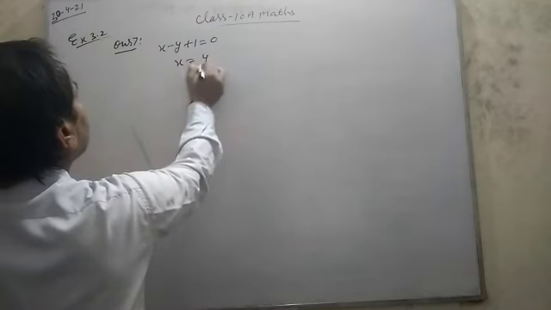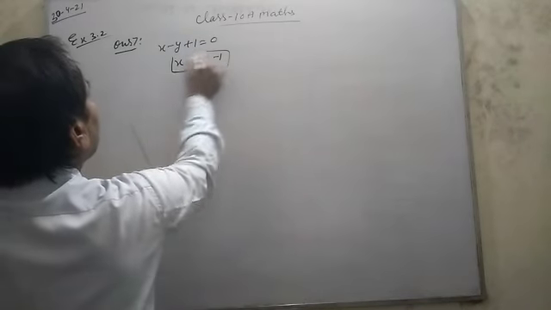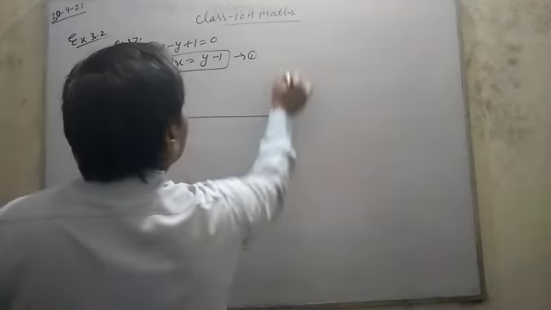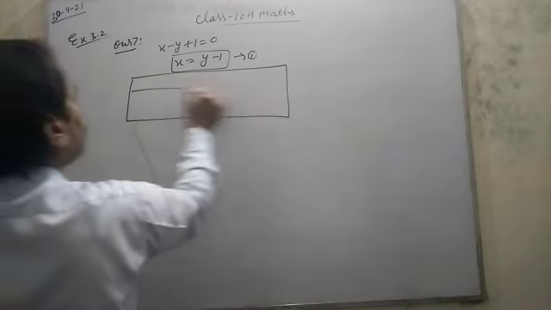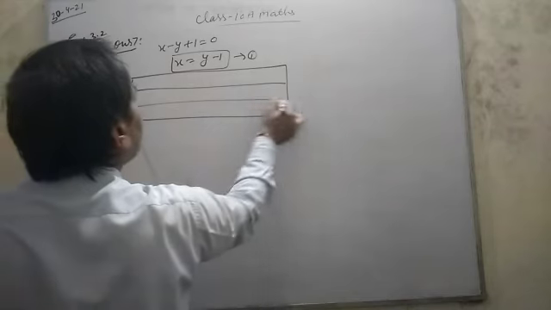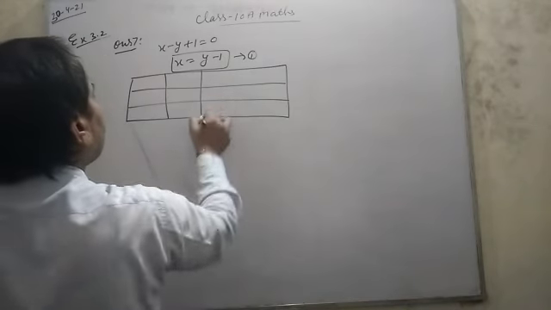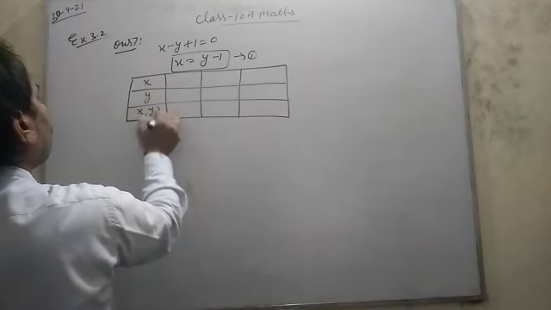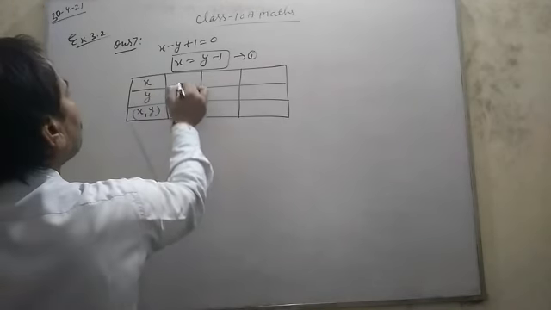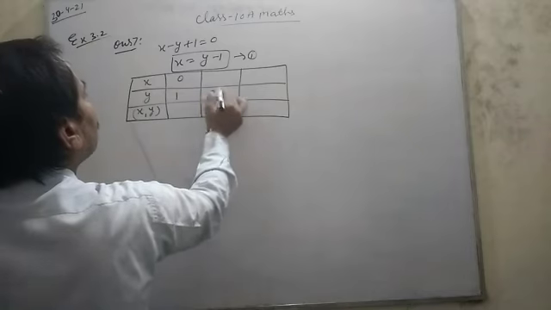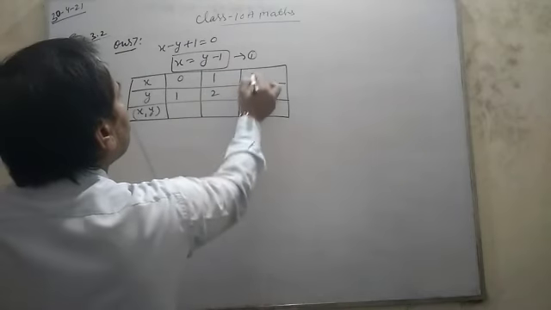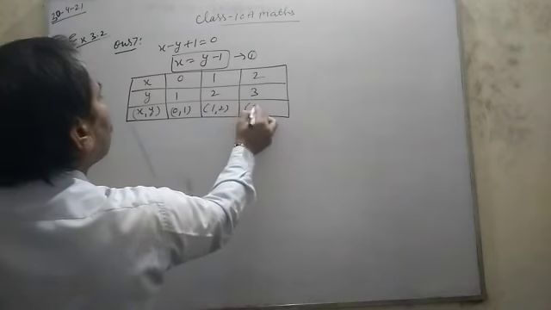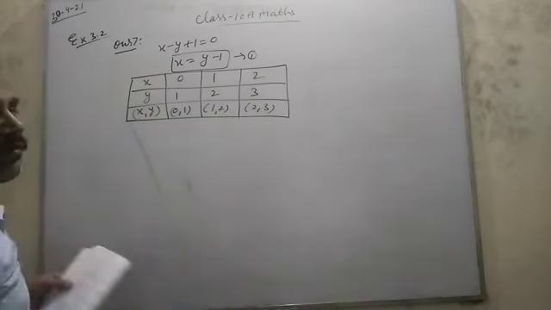So you write x = y - 1, and for this you draw a table. Putting y value 1, so 1 minus 1 is 0; 2 minus 1 is 1; 3 minus 1 is 2. So x values 0, 1, 2 and y values 1, 2, 3. First we write the x value, after that y.